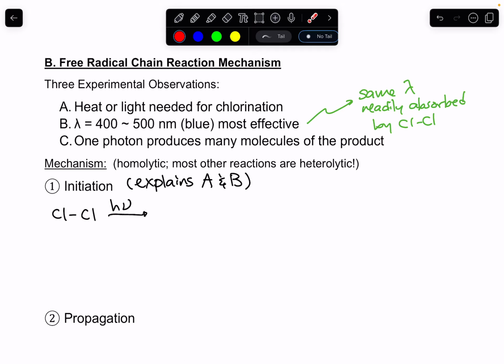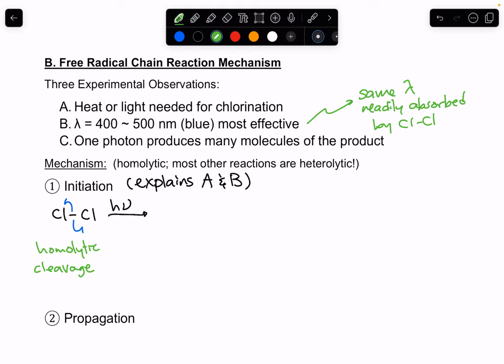If you recall from Gen Chem, E, or the energy of light radiation, is h nu, Planck's constant multiplied by the frequency of the light. So that seems to initiate radical formation, which is also called homolytic cleavage. We talked about homolysis last time, but homolytic just means two atoms get the same amount of electrons, one each, as opposed to heterolytic cleavage, where one atom gets 2 electrons, the other gets none, and gets a positive charge and whatnot.